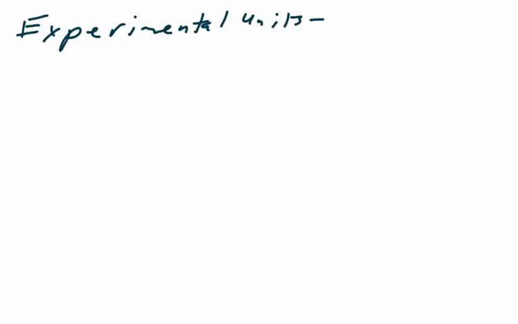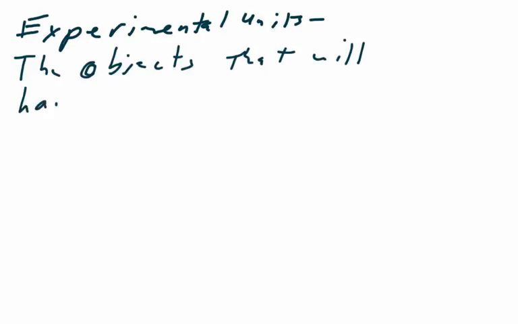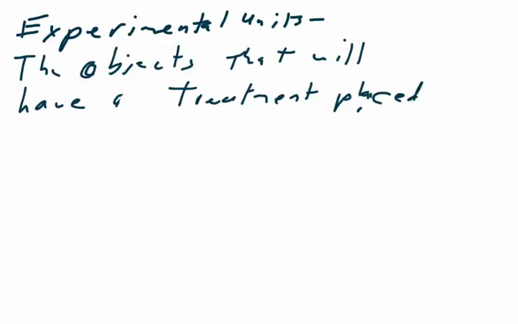Alright, so 5-2 starts off with some definitions. Experimental units are obviously going to be the units, I guess, the objects that will have a treatment placed on them.